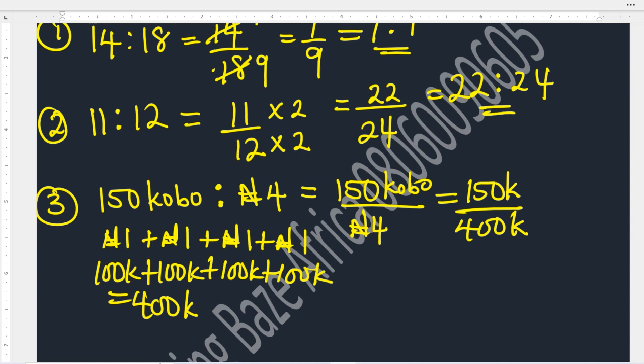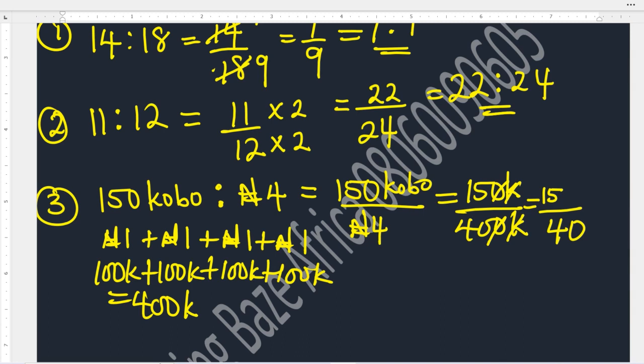That is kobo, kobo. So now listen, kobo will cancel kobo. Then we reduce this fraction to the lowest term. 0 cancels 0. What can divide 15 and 40? Nothing can divide. So we're going to have 15 over 40. That is the lowest term.